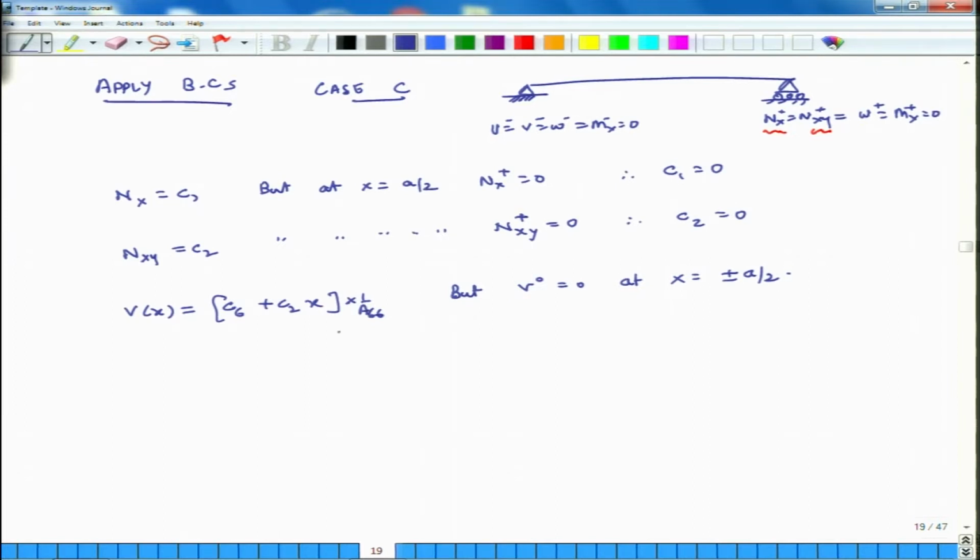So, if that is the case, therefore, C2 is equal to C6 is equal to 0. So, V naught x is 0.